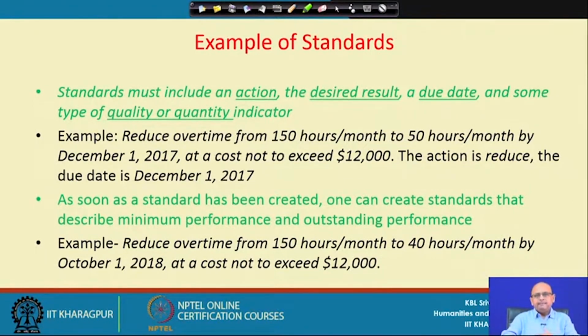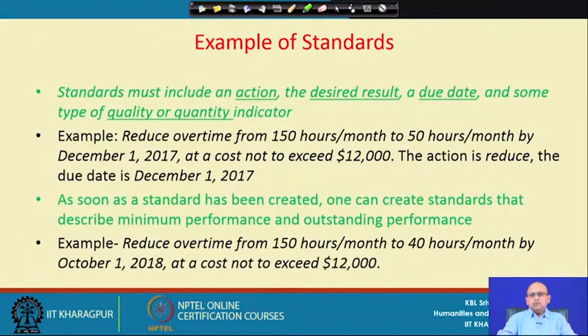Now, as soon as this standard has been created, one can create standards that describe minimum performance and outstanding performance. So, there are two things when I am talking about performance. Are you meeting the standard targets, that is minimum, or are you talking about outstanding performance? For example, when you say that you are going to reduce overtime from 150 hours to 40 hours per month, it means that you are talking about something that is beyond the minimum performance, right.